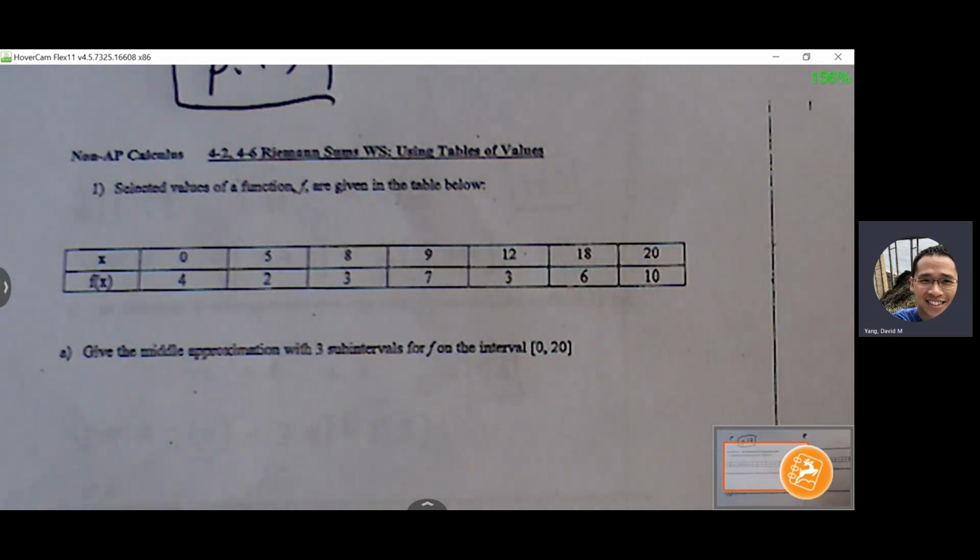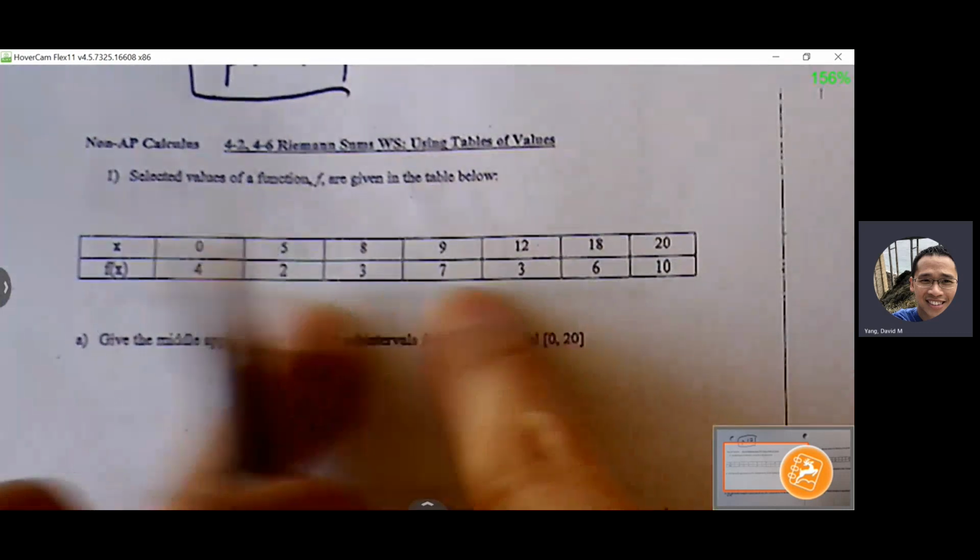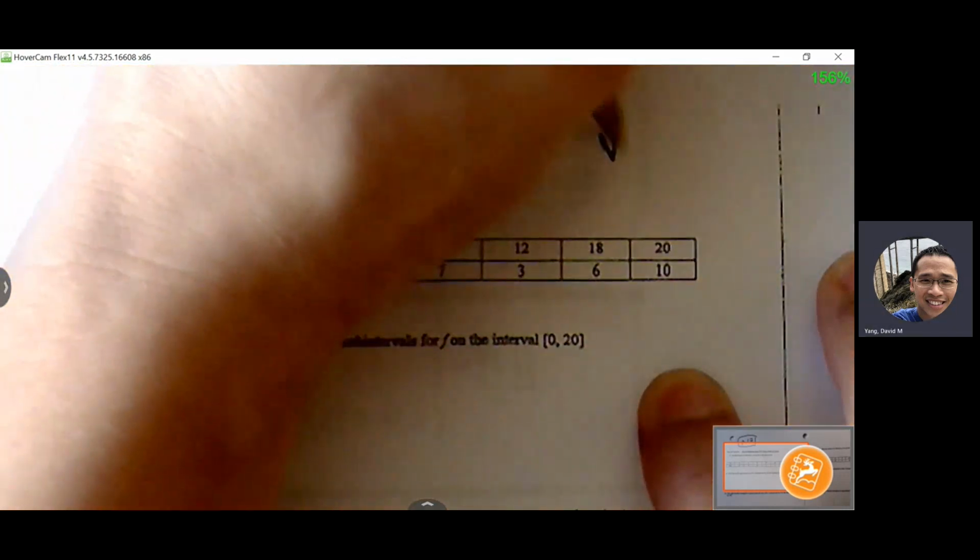So these are a table of values. We just have to find the width and height for each of the subintervals, but we don't have to plug in functions and find the y values, and it's not as cumbersome as dealing with a function with left and right Riemann sum. So part A says give middle approximation with 3 subintervals for interval from 0 to 20. One thing is if you're given a table, do not use this.